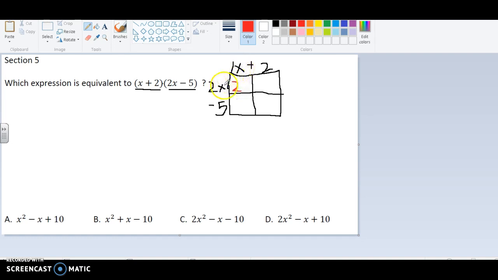And then x times x is x squared. So that's going to go inside your first box. Then move over to this box. The top of this box is 2. The side of this box is 2x. So you're going to do 2 times 2, which is 4. And then there's an x there, so don't forget to put the x.